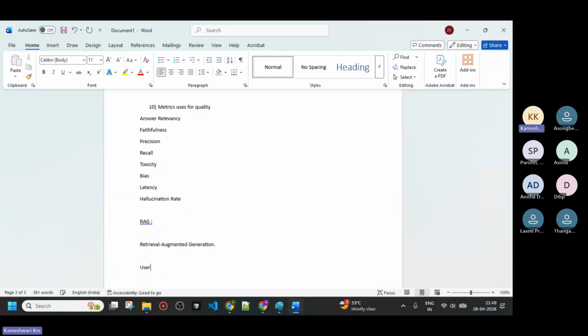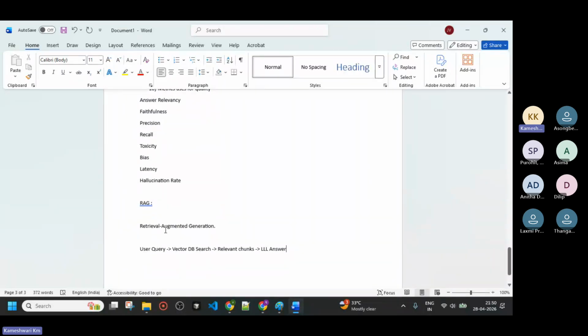So what exactly will it do? First, you should understand the user asks me a query. It will go for a vector DB search, get the relevant chunks, and send them to the LLM to answer. Overall, RAG works completely from the local database.